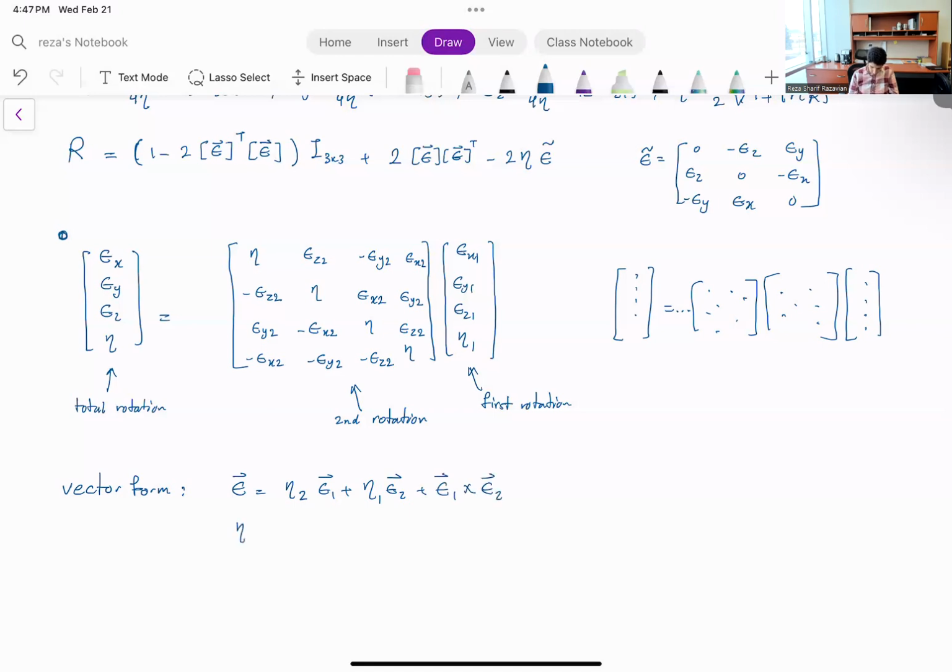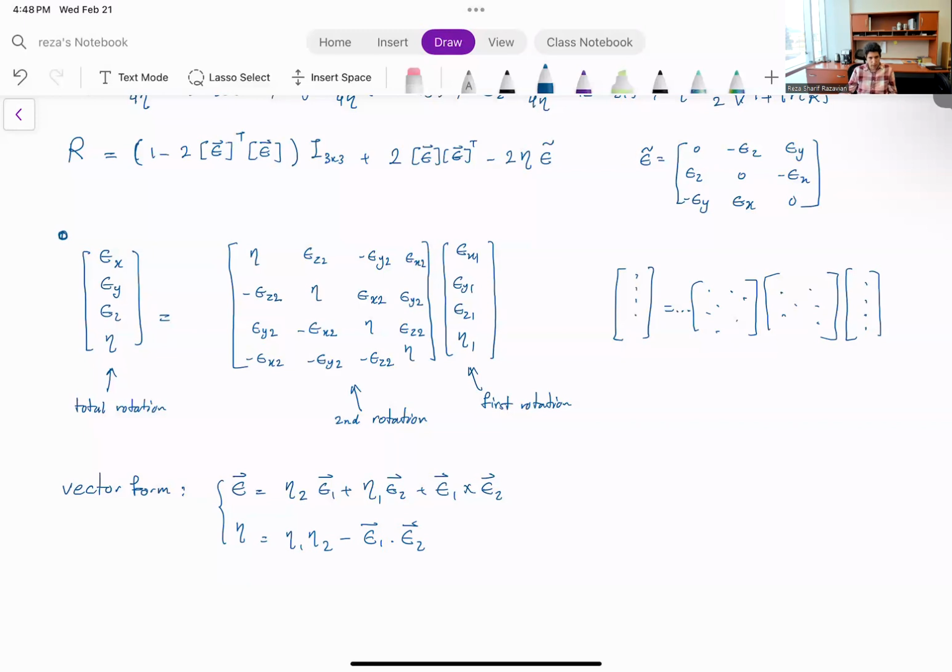And your eta is eta 1 eta 2 minus epsilon 1 dot epsilon 2.